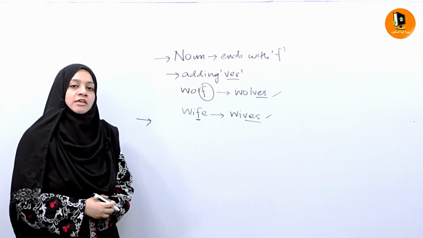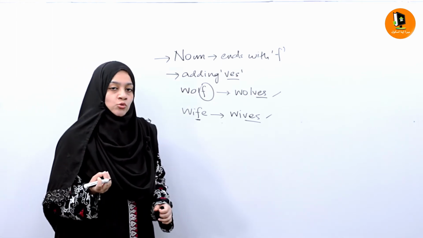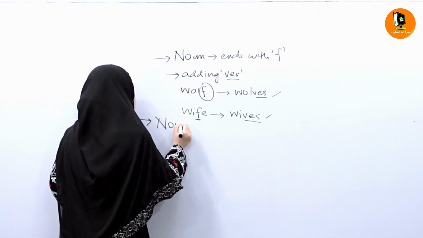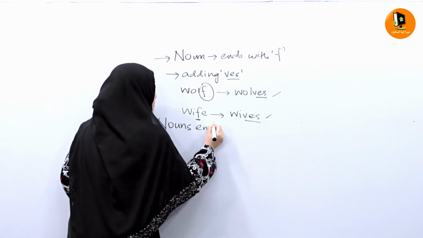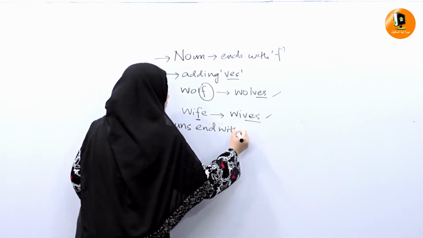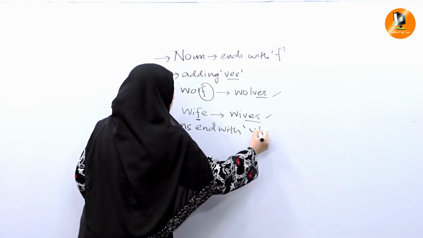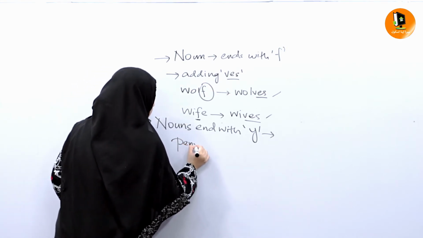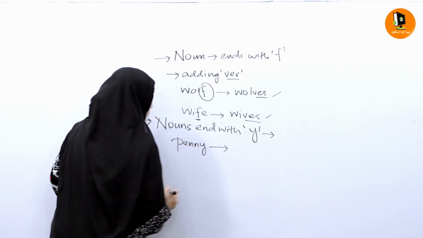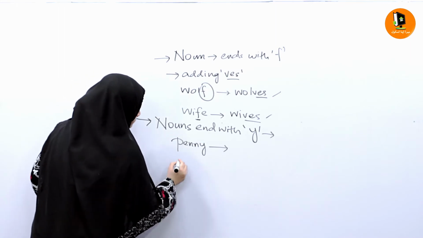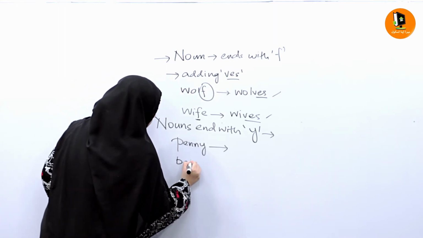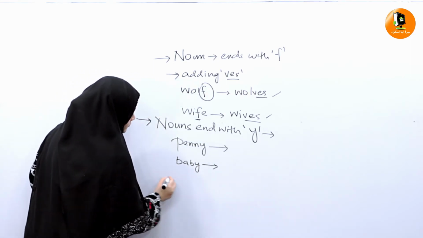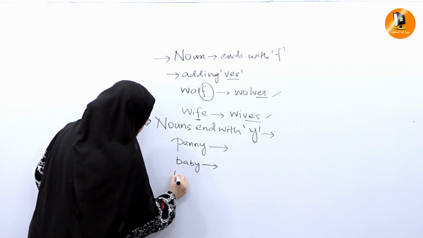Another aspect is of the nouns which end with a Y. For example, nouns end with the letter Y, like penny, baby, bunny.